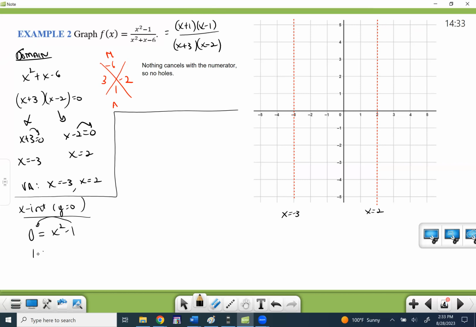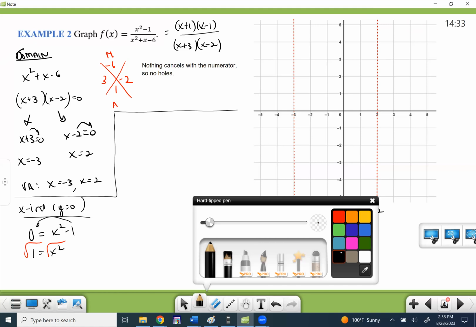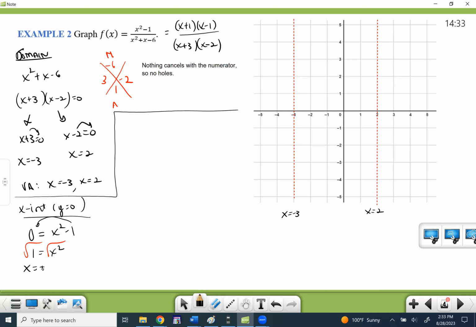I'm going to move the 1 over. And then I'm going to go ahead and square root. And I'm not going to forget my plus or minus. So x equals plus or minus 1, which is kind of obvious from the factored version, right? So that means that at (1, 0) and at (-1, 0). All right. Let's put those in our graph.